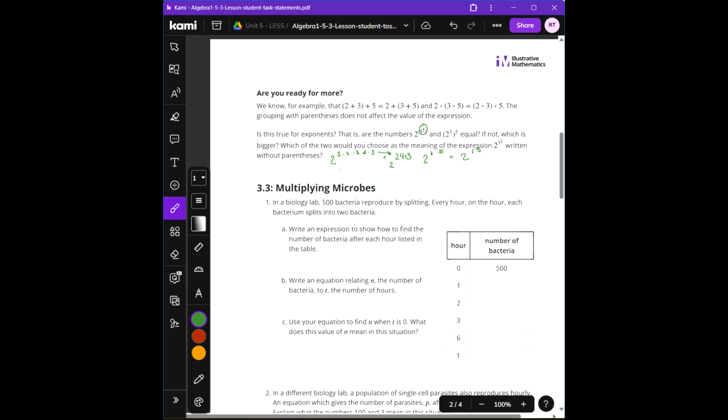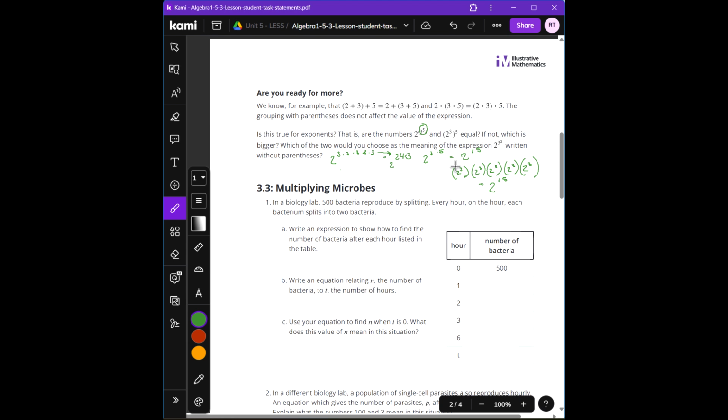And so just remember, we're going to have 2 to the third times 2 to the third, times 2 to the third, times 2 to the third, times 2 to the third. This is equal to 2 to the 15th, because remember, when we multiply, we're adding our exponents. So yeah, this is totally different.